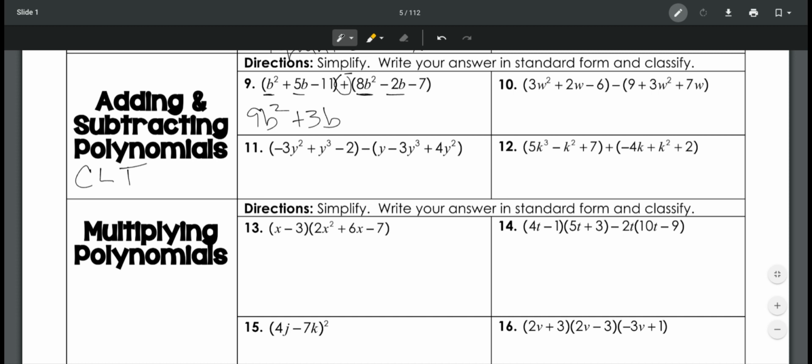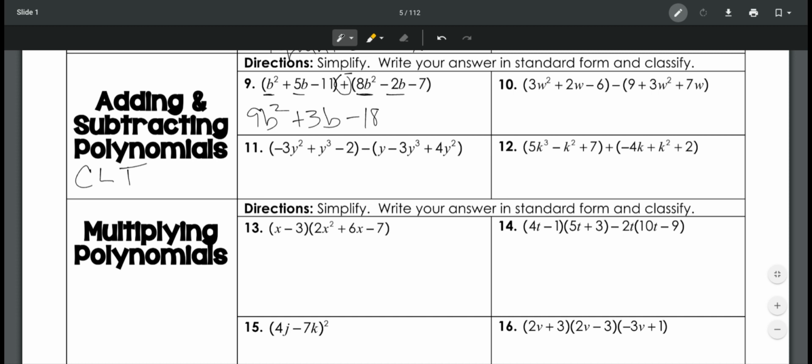Bring along the b. And then I have 2 constant terms, negative 11 and negative 7. So I should be thinking negative 11 plus negative 7 is negative 18, not 19, negative 18. That would be the polynomial.